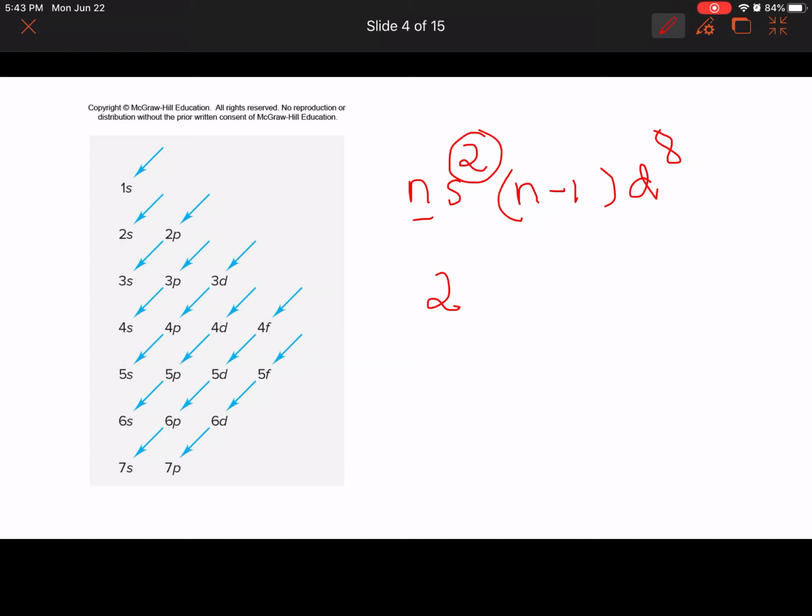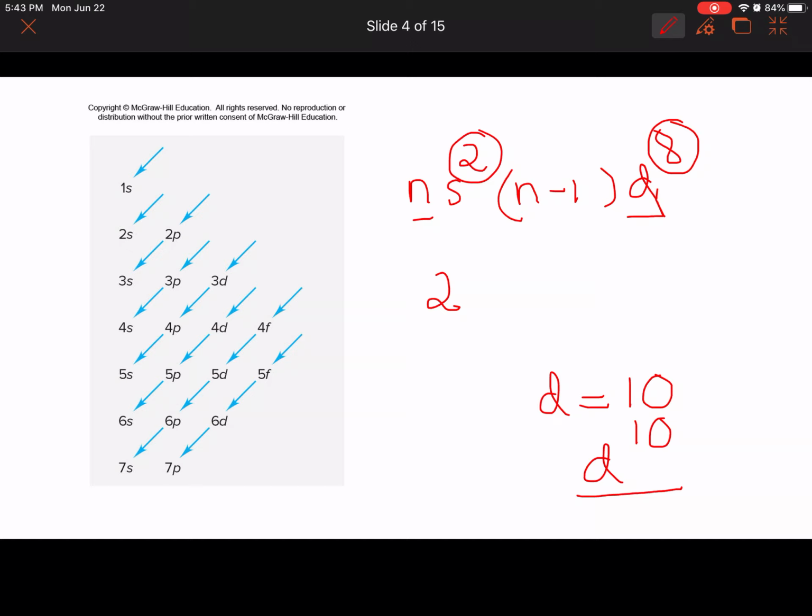And also if the d is not completely filled, now there are 8 electrons. When would the d be completely filled? When d equals 10, like if you are given a configuration that the d is completely filled as d10, then you do not consider this as valence electrons.